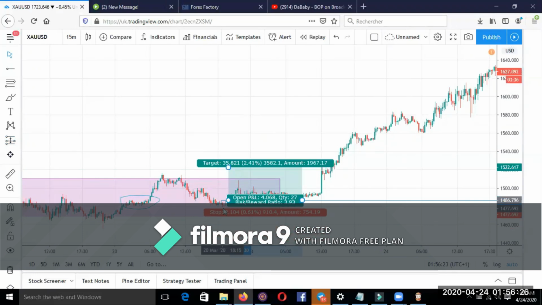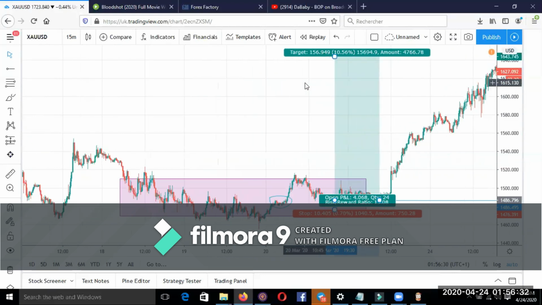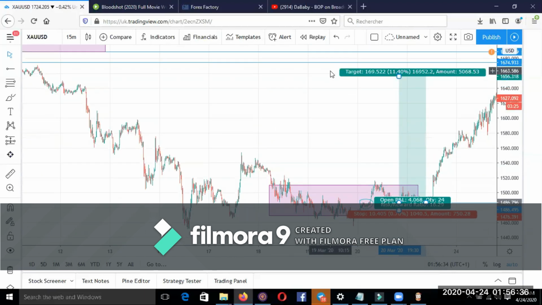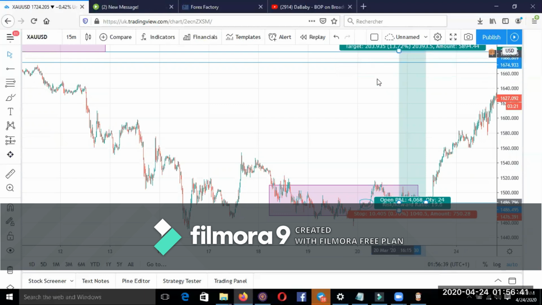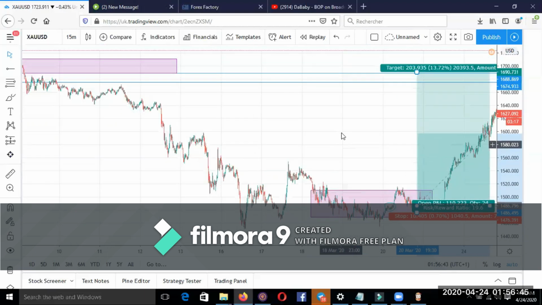I think this is a stop loss that is not even up to 10 pip, and the risk to reward, with the upside objective being that thing here.